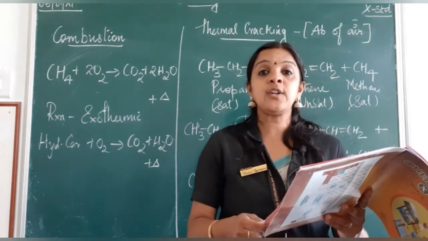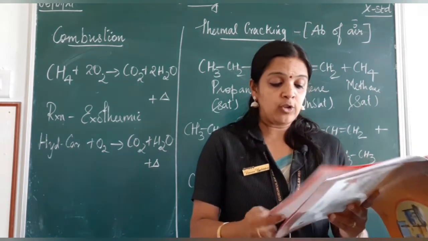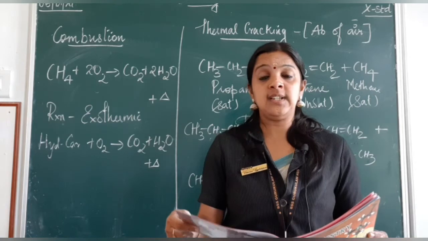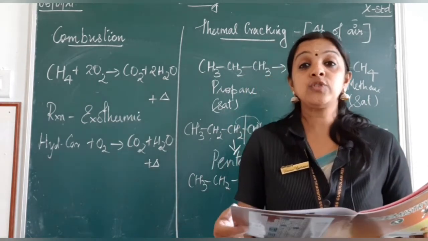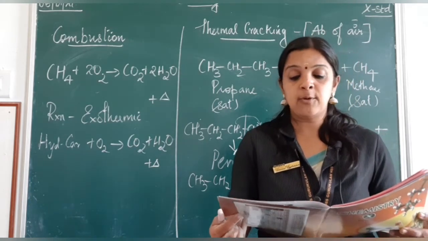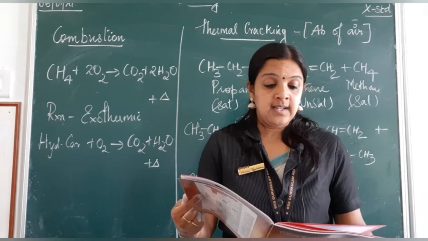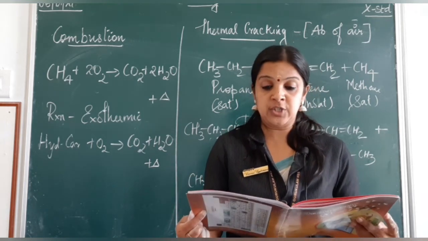Next are some important organic compounds, maybe not that important from the exam point of view, but you also have alcohols. Under that, methanol and ethanol. Learn the preparation and 2 properties. Also about ethanol, the 2-step process, preparation and some of the uses and properties. Then you have carboxylic acid, where ethanoic acid is given, and esters are also given to you.